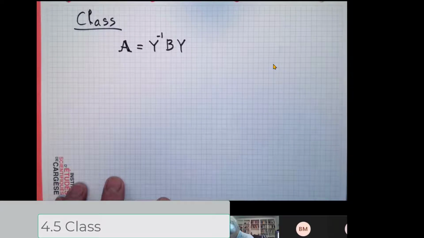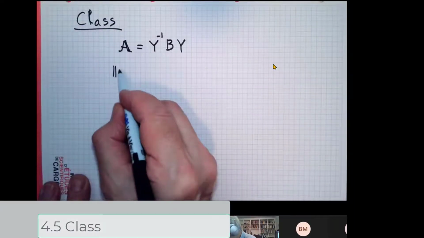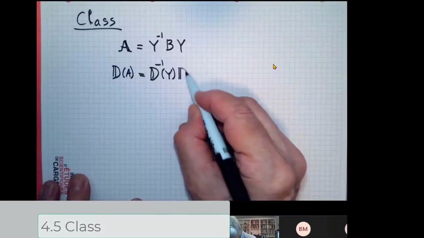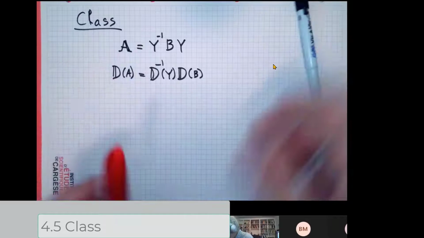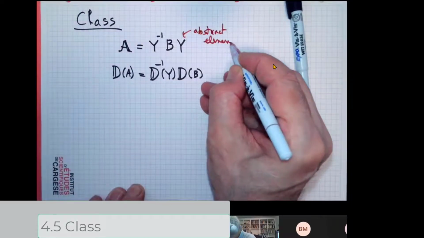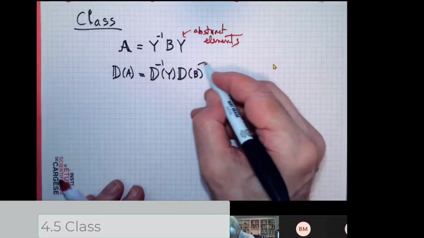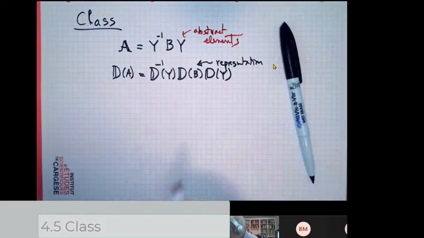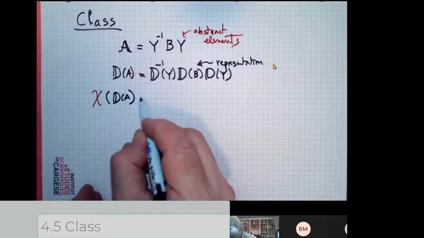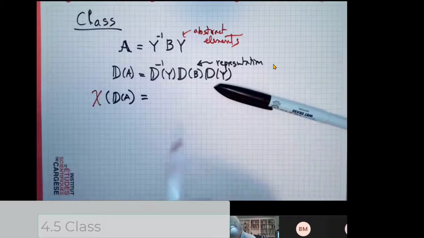So now, if we take a character, what we do is we have a representation of this. These are abstract elements. They are only defined by multiplication table. These are matrices in which I have a laboratory setup. If I take a character of this, I find by cyclic symmetry that character doesn't get changed.